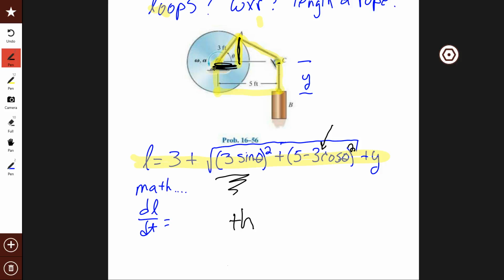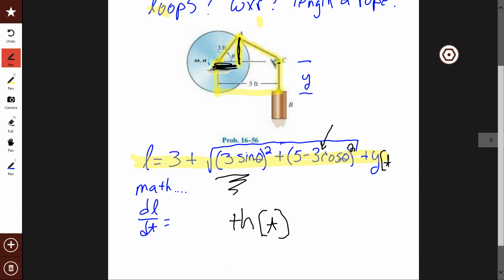It's just more typing. And then how would you tell it that theta is a function of time? Yeah, you do a square bracket, not a parenthesis, and you go T. And that tells Mathematica, aha, when T changes, this thing will change too. It needs to know that, otherwise it'll think it's a constant and it'll take the wrong derivative. Okay? What else has to have a T behind it? The Y. So here you would write this as Y[T].